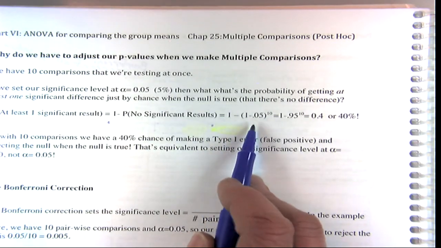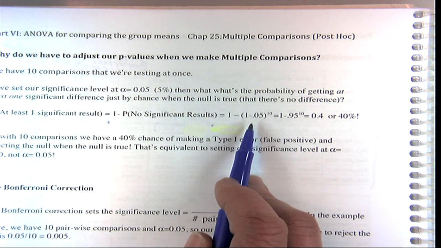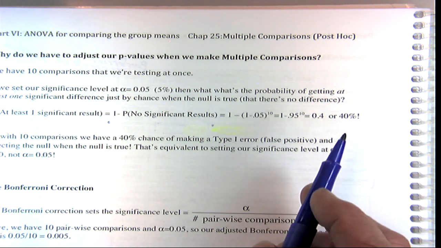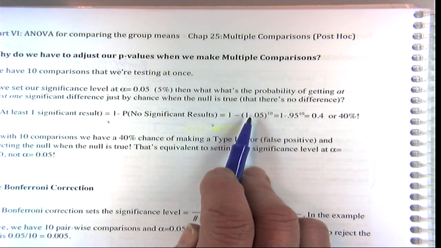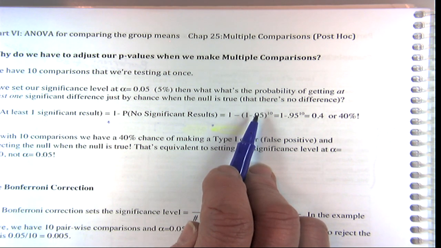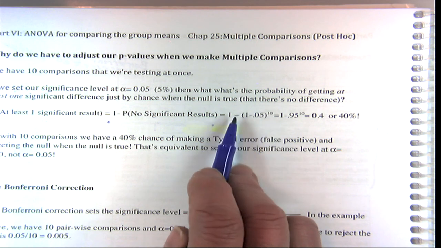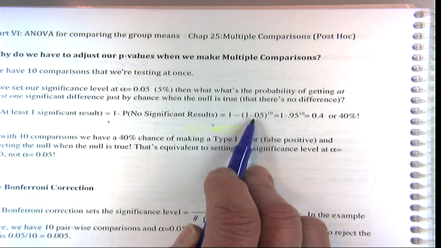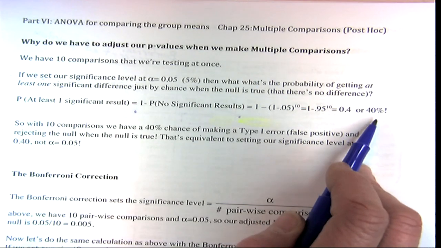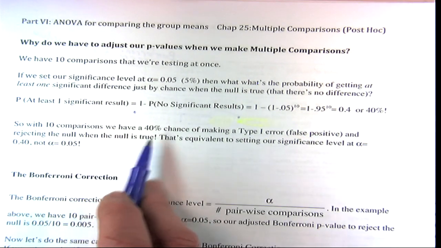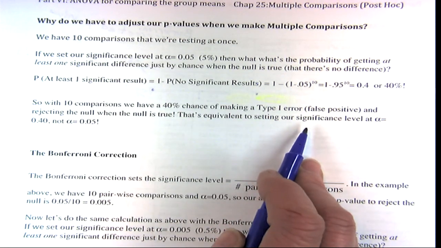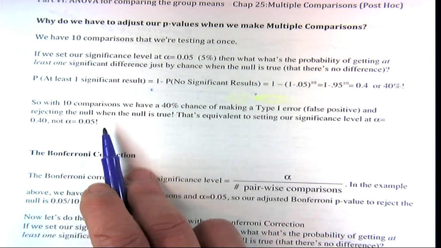The chance of not getting a significant result is 95%, if we're cutting 5% as a significance. So it's 0.95 times 0.95 times 0.95, 10 times, assuming they're independent. And that comes out to 0.4, or 40%. So with 10 comparisons, we have a 40% chance of making a type 1 error instead of the 5% that we want when we set the significance level equal to 5.